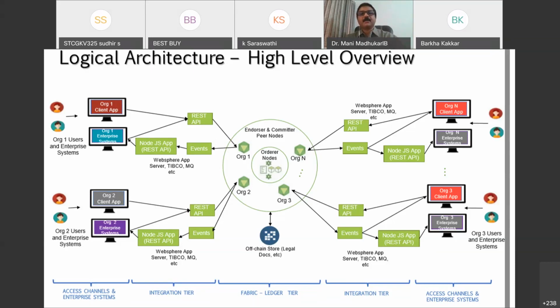All of this communication is happening in the form of events, and there are API calls happening back and forth between the various participants on this network, right?